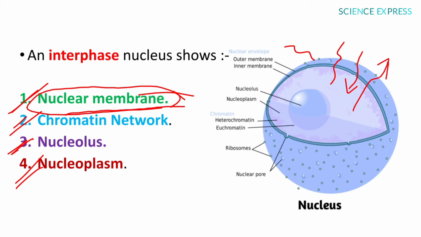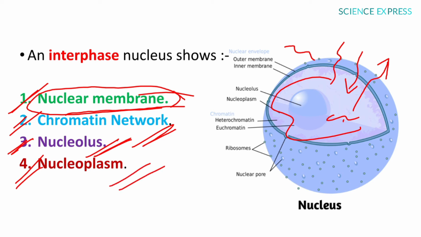The nuclear membrane pore is very essential. Next one is chromatin network, that is called chromatin fiber. After condensation, the chromatin network forms chromosome-like structures. And the next one is nucleolus, and outside the nucleolus the portion is called nucleoplasm.